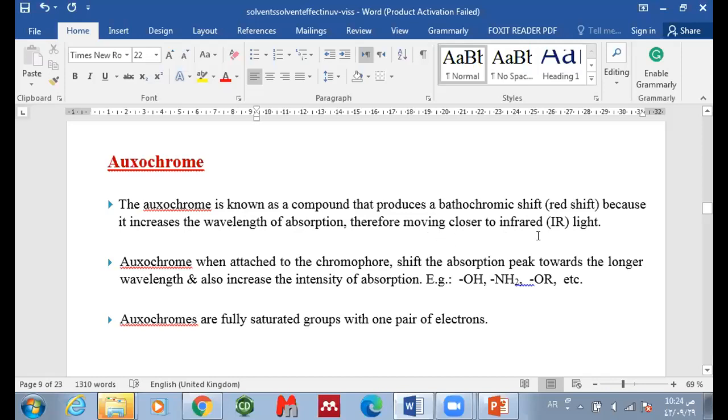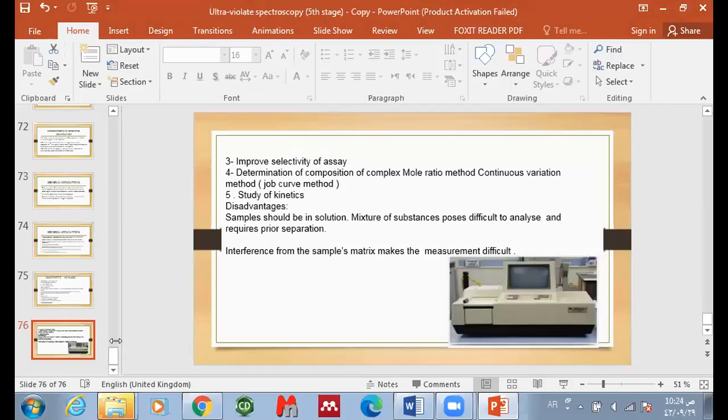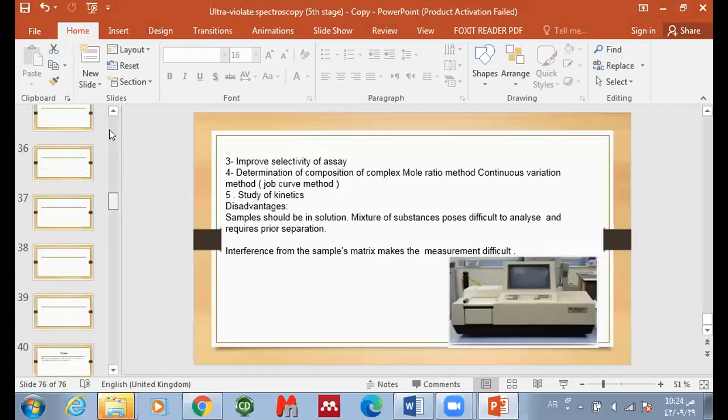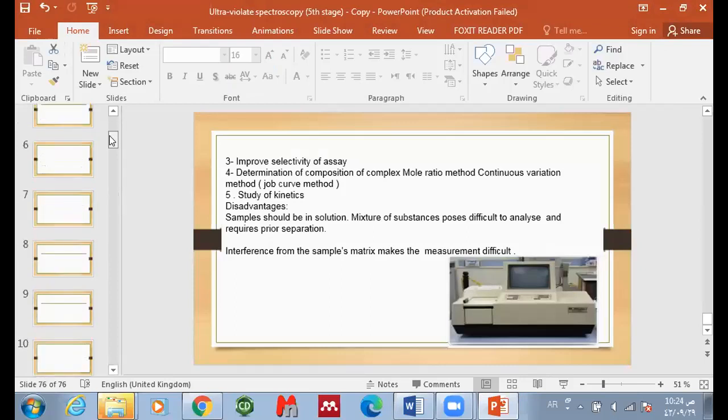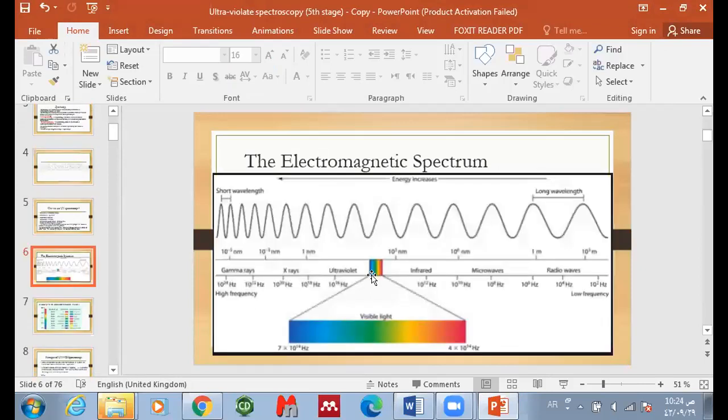If you remember this chart here, when we move to the right side, we will get infrared. So this is the red shift. And this is the bathochromic shift.